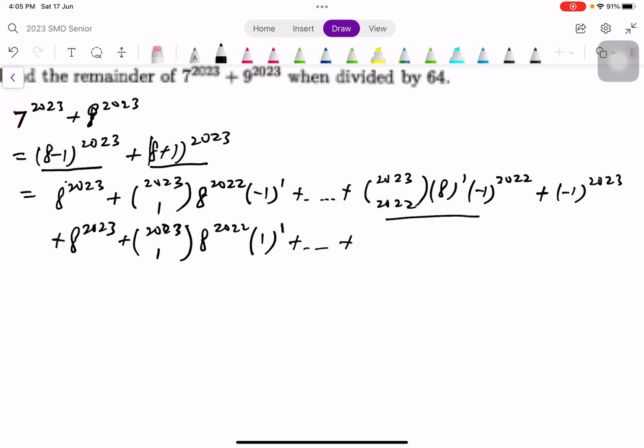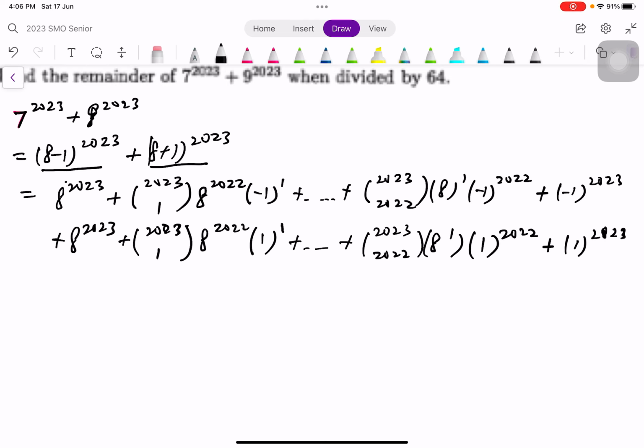Therefore, second last term, you will get this, right? You can get 2023 C 2022, and then this is 8 to the power of 1, right? And then this is 1 to the power of 2022, right? And this part here will be plus 1 to the power of 2023.